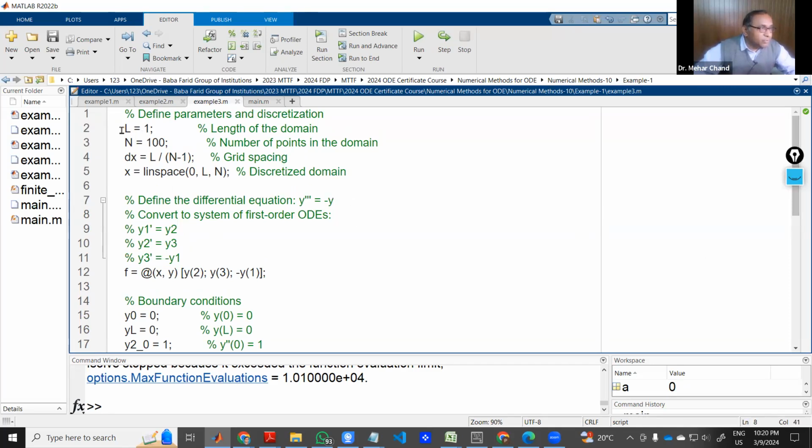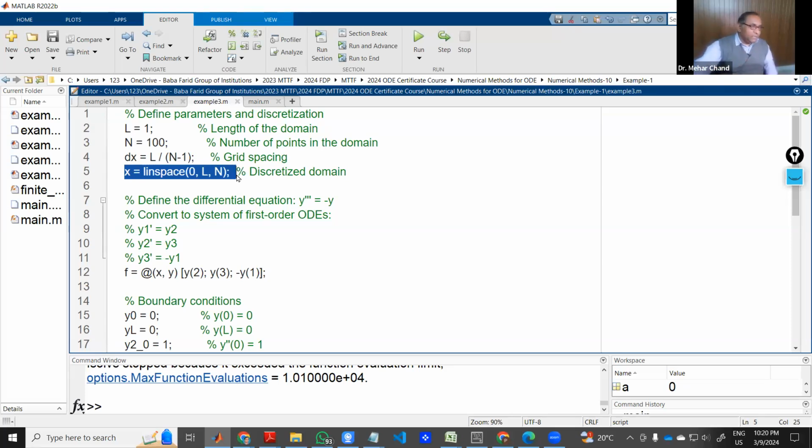And here, suppose the length of the interval domain is 1, n is equal to 100, and the value of h, the grid spacing, will be L upon n minus 1. This is the discretized domain.